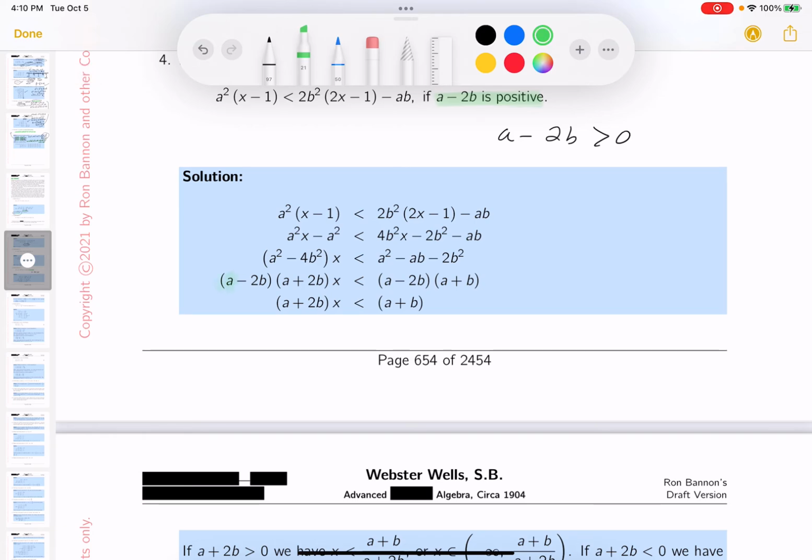Over here, you see that. This is a positive number. What they did was they multiplied both sides by 1 over a minus 2b. And let me repeat this. If this is a positive number, 1 over a minus 2b is still a positive number. All right? Still a positive number. So they did that, and they get something pretty simple, and they kind of work through it.